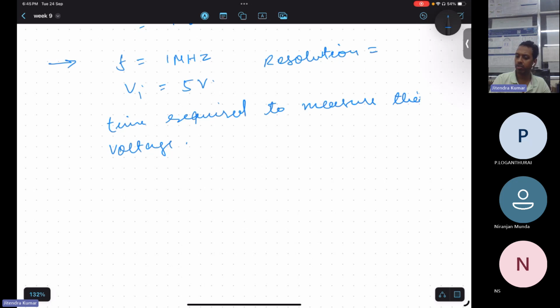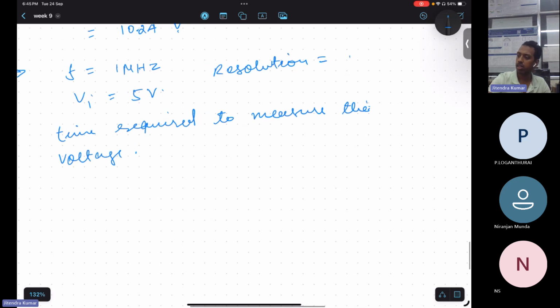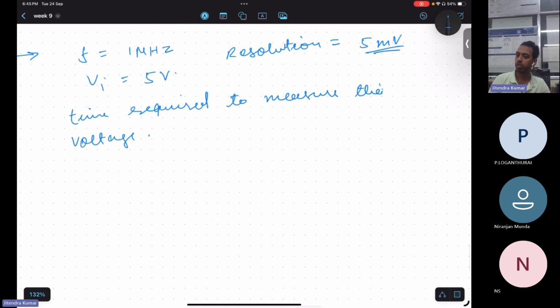Shall we take 5 millivolt, if 5 volt is the input, like 1000 times? So the resolution is 5 millivolt. Now please let me know the time required to measure the 5 volt. Then we are done with this topic.